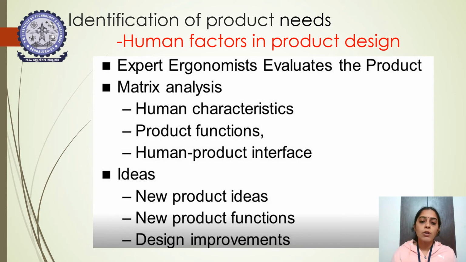All these thoughts will be put forward by human beings only. And also in the ergonomic way of thinking, human beings will provide certain factors related to the product which will be designed. So in the design of a product, human beings play a vital role, not only in the ergonomic way but also in the way of thought, innovation and ideas.